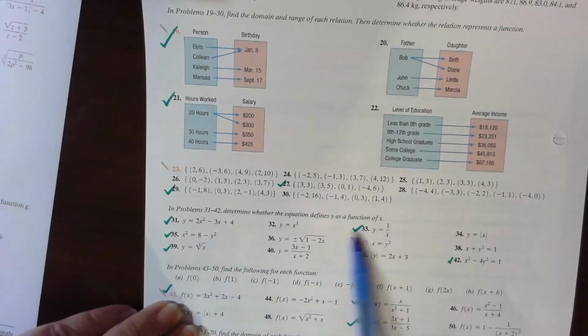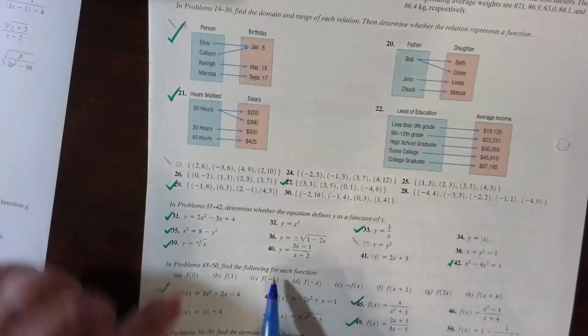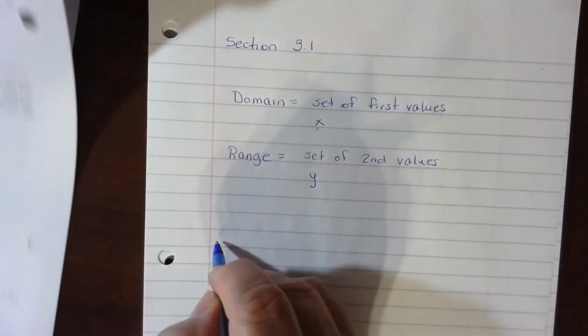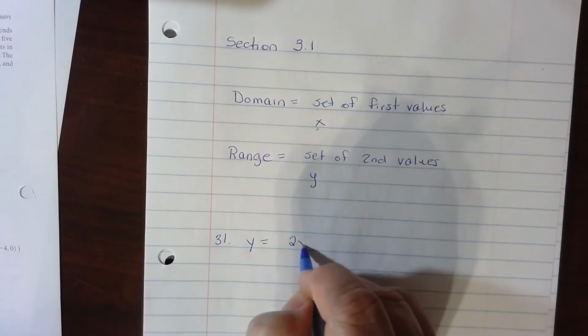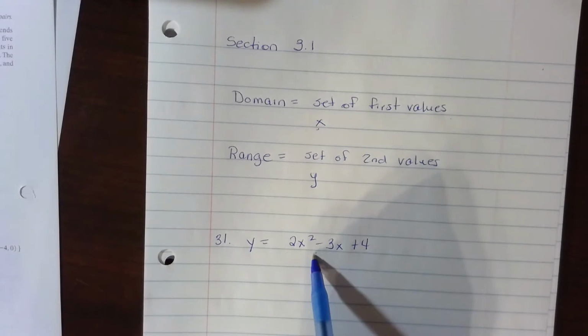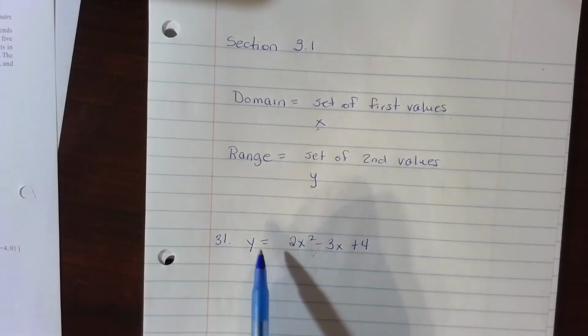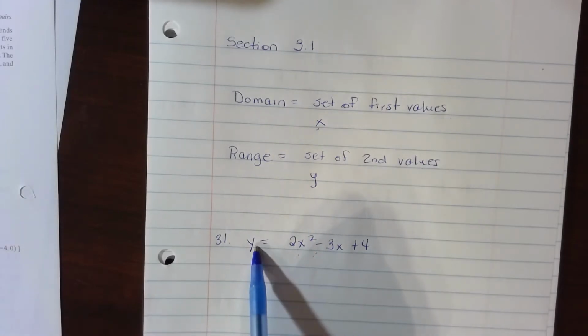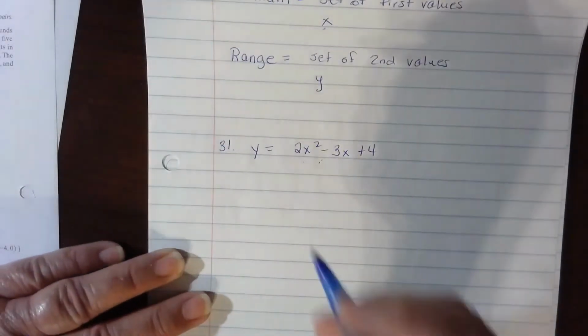Now, when it's an equation, it's a little more difficult because you have to kind of analyze things. I'm going to write number 31 on my paper. And the question you have to decide is, if I pick some particular value for x, is there any way to get more than one answer for y? Well, think about that. There's not.